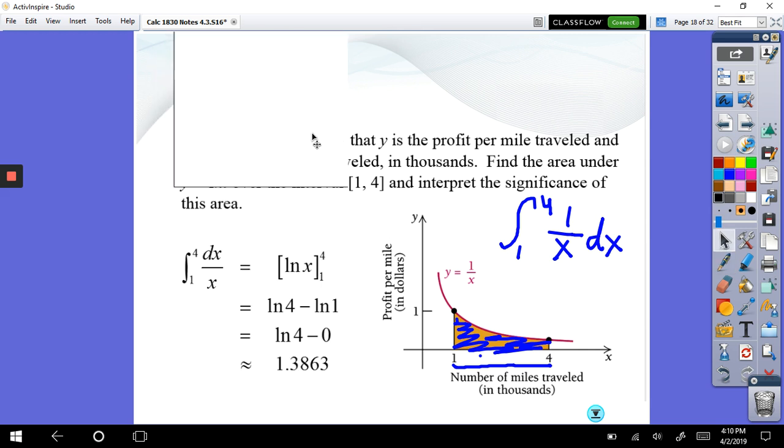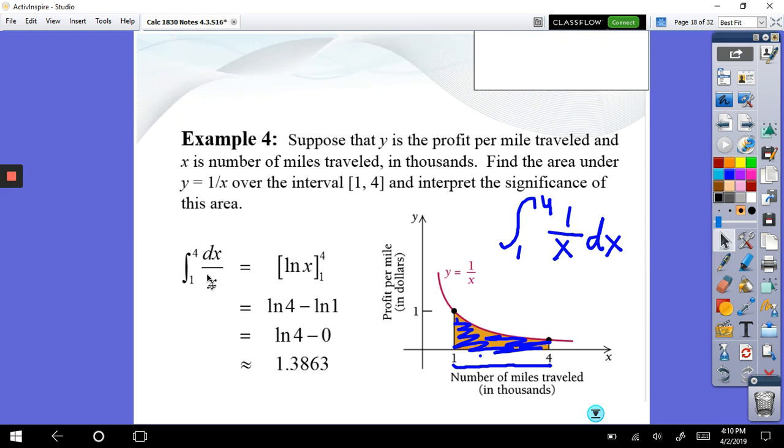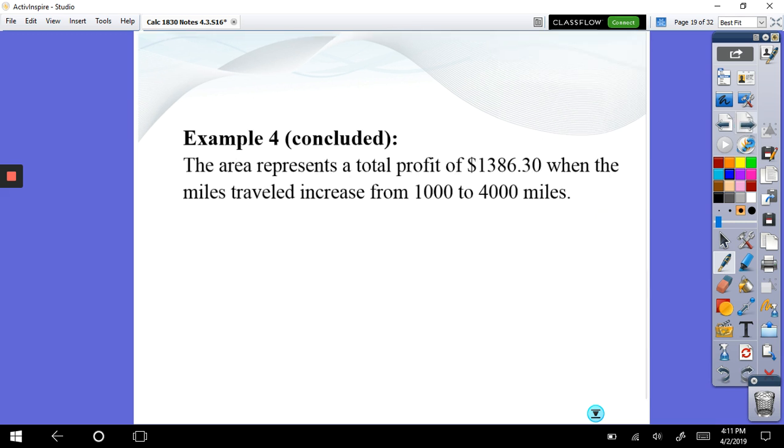And let's see what we got worked out under here. Oh, so the antiderivative of 1 over x is ln of x. And then we plug in 4, plug in 1, boom, boom, boom. And this is in profit per mile traveled, and x is the number of miles traveled. So total profit ends up being $1,386.30 when you go from 1,000 to 4,000 miles traveled.